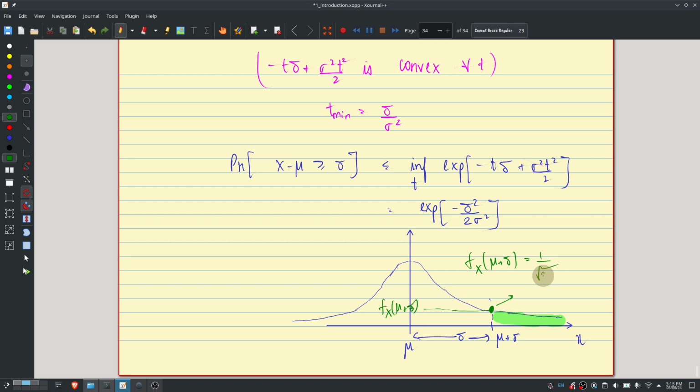Yeah. So it's 1 by 2 pi sigma square e raised to minus delta square divided by 2 sigma square. Right. So that's a very nice feature of the Gaussian. The tail of the Gaussian is in fact proportional to the value of the PDF at that particular point.